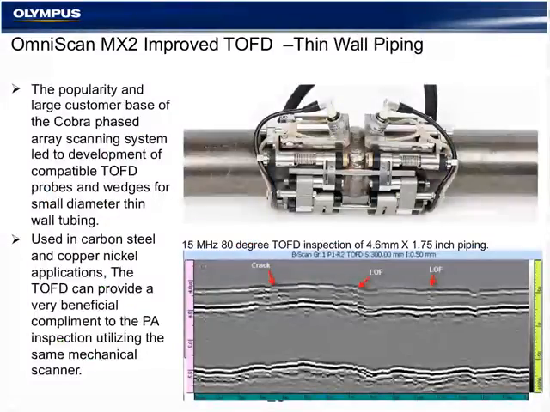Improved TOFD for the MX2 also includes probes, wedges, and mechanics for what were traditionally too thin of components or too small of diameters to inspect. We're having success now with higher frequency, small diameter, thin wall components, and in this case, we see an 80-degree TOFD L-wave inspecting a 1.75-inch diameter, 4.6 millimeter thick component.